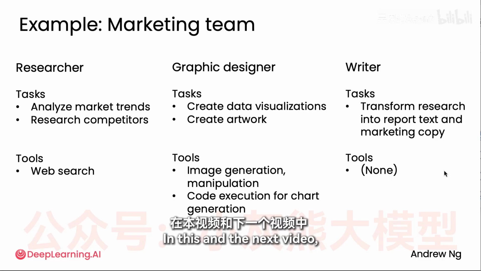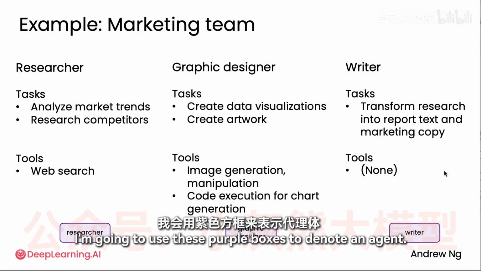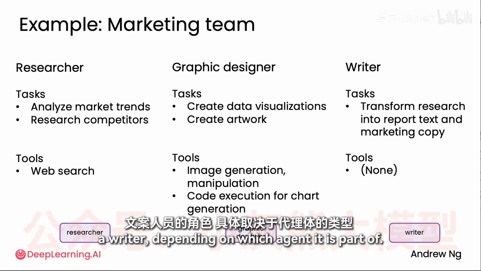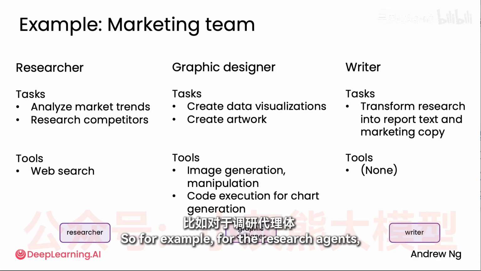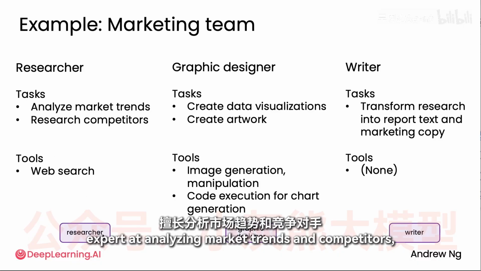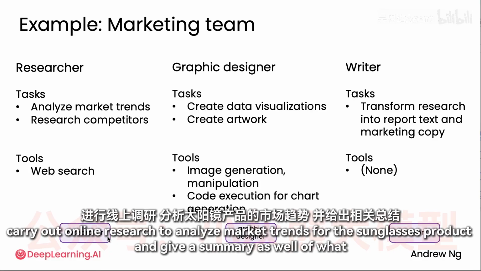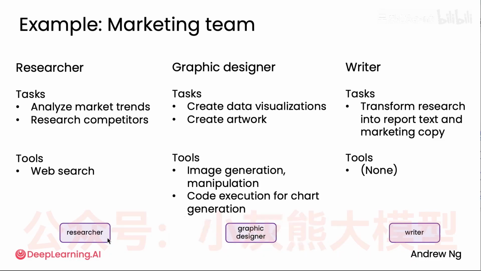In this and the next video, I'm going to use these purple boxes to denote an agent. And the way you build individual agents is by prompting an LLM to play the role of a researcher or a graphic designer or a writer, depending on which agent it is part of. So for example, for the research agent, you might prompt it to say, you are a research agent, expert at analyzing market trends and competitors, carry out online research to analyze market trends for the sunglasses product and give a summary as well of what competitors are doing.